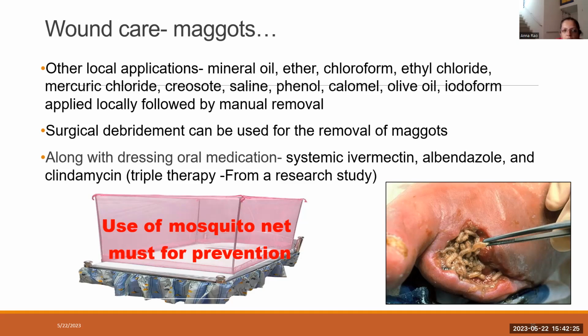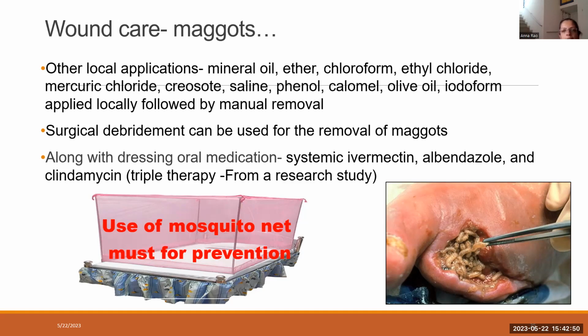So these are other applications, other solutions that can be used, like mineral oil, ether, chloroform, ethyl chloride, mercury chloride, creosote, saline, or so many materials with which we can clean this type of wounds in case of maggot infestation.